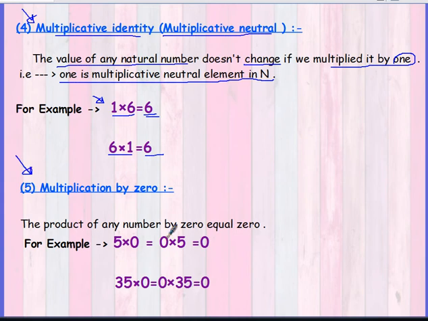Multiplication by 0. The product of any number by 0 equals 0. 5 times 0 equals 0 times 5 equals 0. 35 times 0 equals 0 times 35 equals 0.